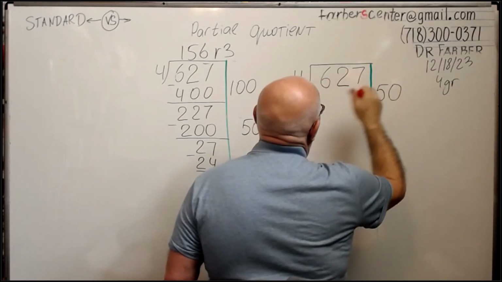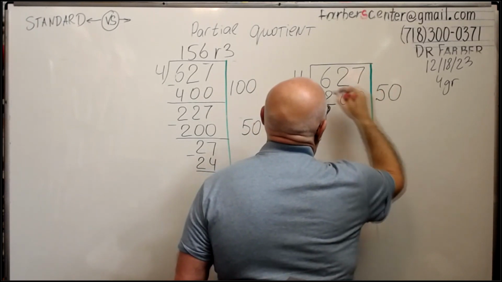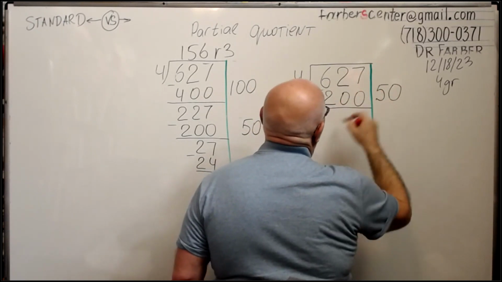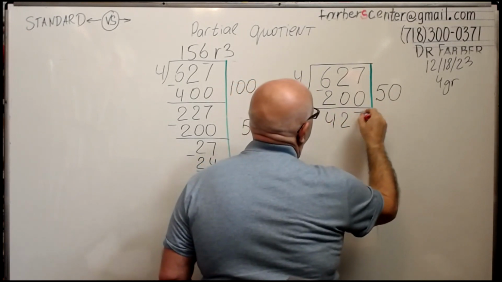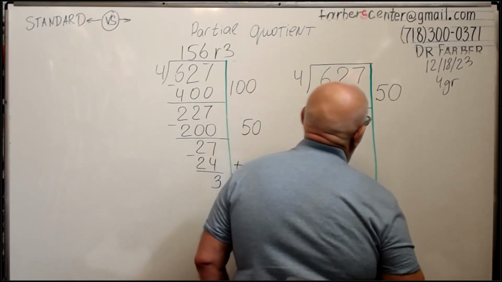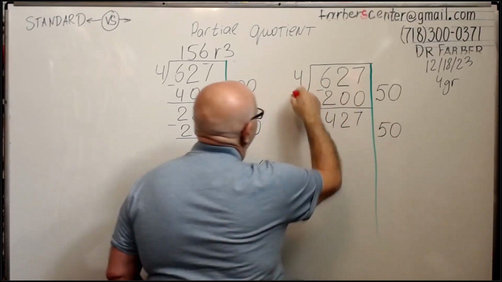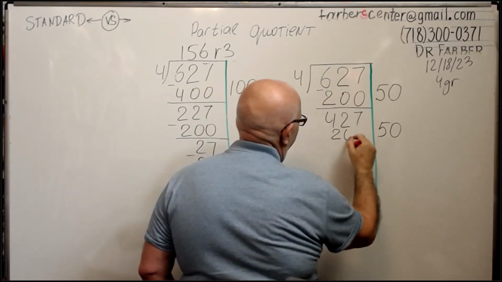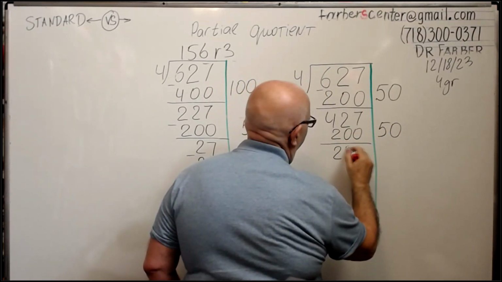4 times 50, 200. 427. I like 50. 50 times 4, 200. 227.